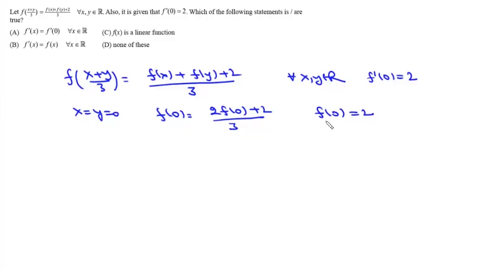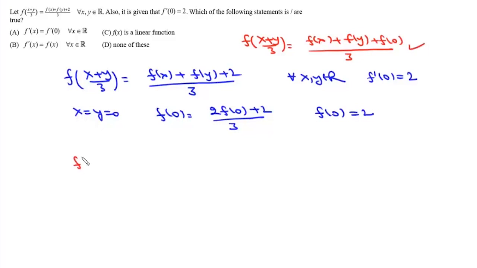Now we replace this 2 with f(0). The condition becomes f of (x plus y) by 3 will be equal to (f(x) plus f(y) plus f(0)) upon 3. Now we have already proved this question, but we are going to do it again.